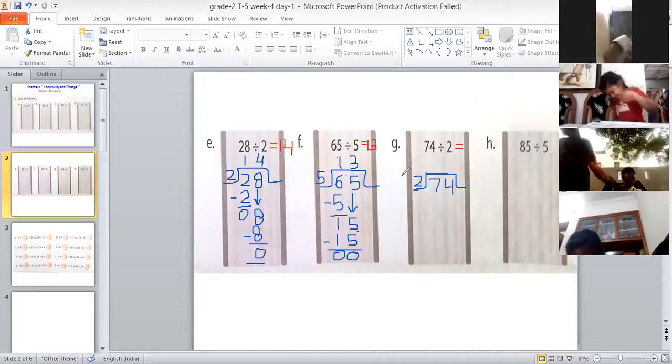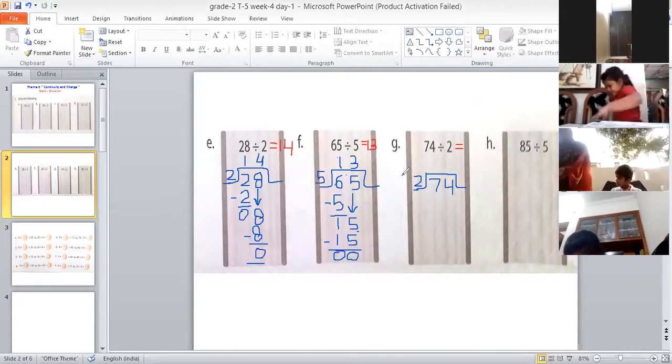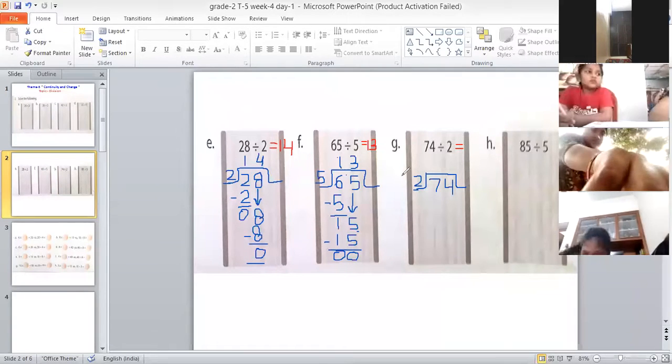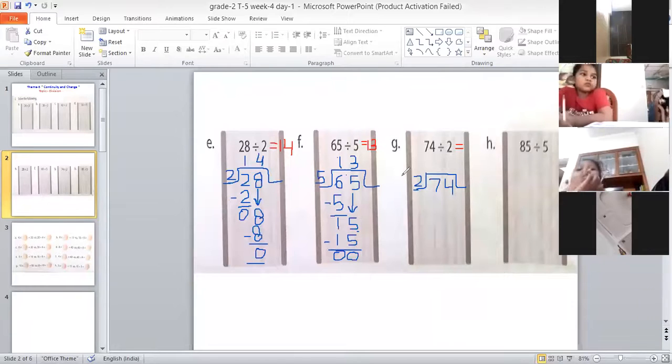Tell me, 7 is greater than 2 or smaller than 2? 7 is greater than 2, so we will take only 7. We will not take 7 and 4 together. We will take only 7.